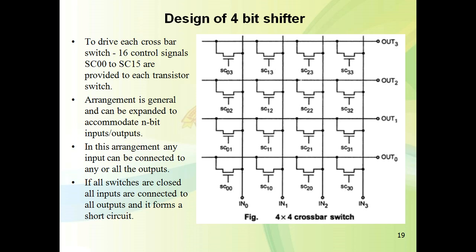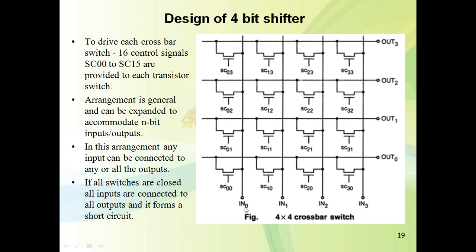Any input can be shifted to any line, any number of shifts is possible. That is, if there are n input data lines, n minus 1 shifting operations can be achieved. In this arrangement, any input can be connected to any or all of the outputs.